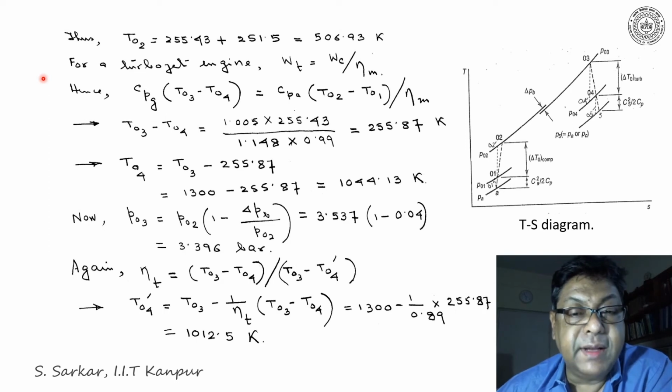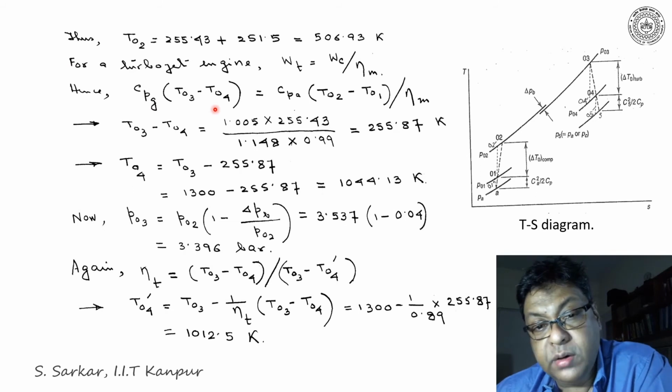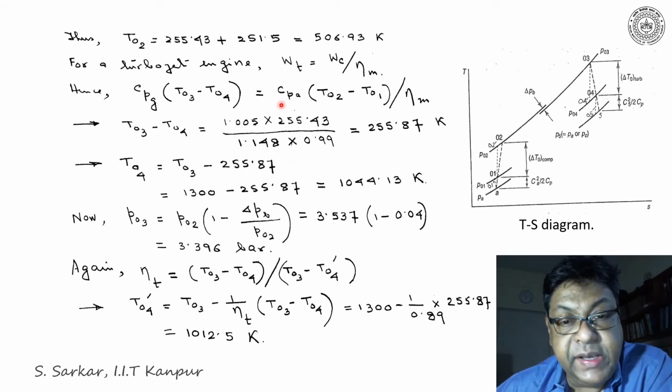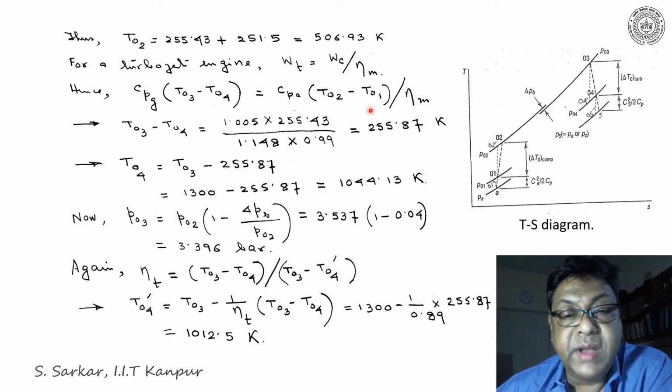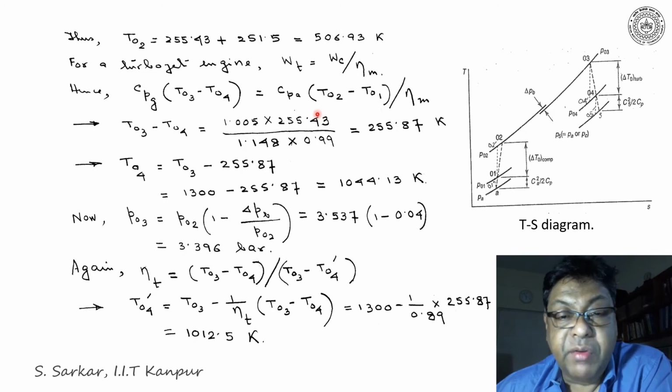Now, for a turbojet engine, the turbine work would be just sufficient to run the compressor. So I can write Wt is equal to Wc divided by eta m, eta m being the transmission efficiency. Hence, I can write Cpg into T03 minus T04 is equal to Cpa into T02 minus T01 divided by eta m. Now I know T02 minus T01.